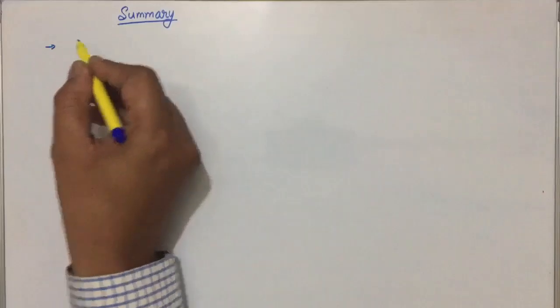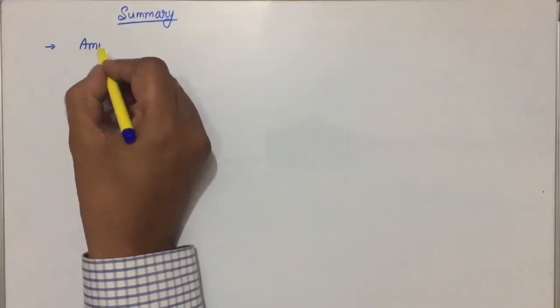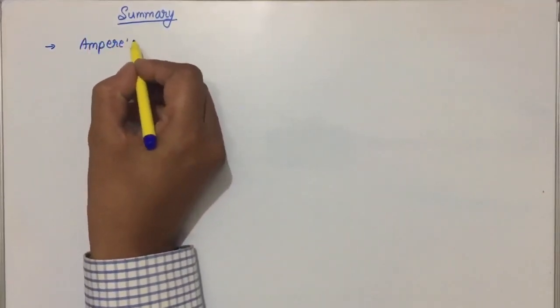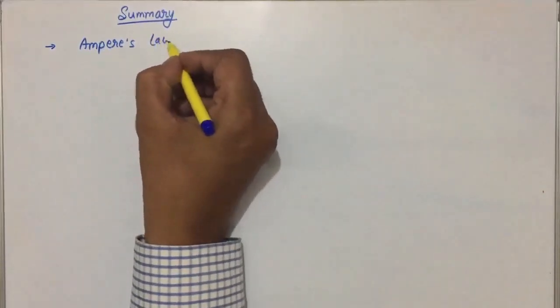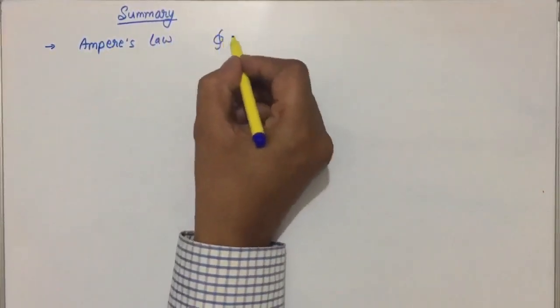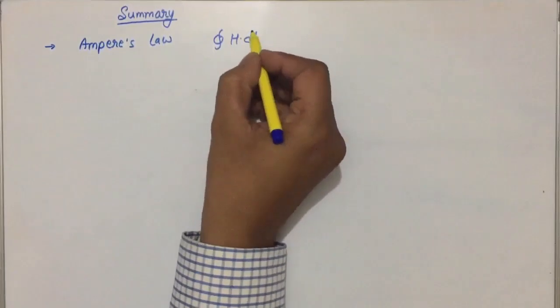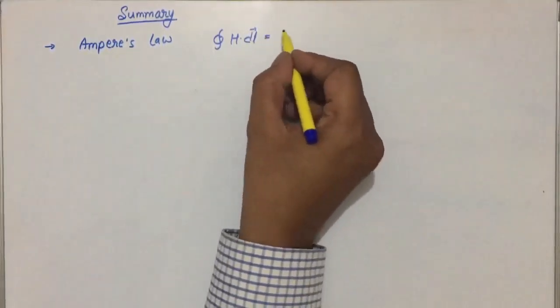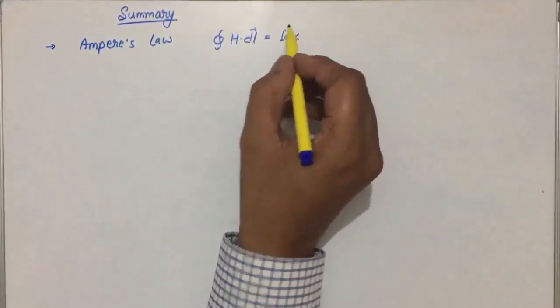If we summarize our study regarding Ampere's law and its applications, then we can say we have discussed Ampere's law, and it was H dot dL equal to the I enclosed.